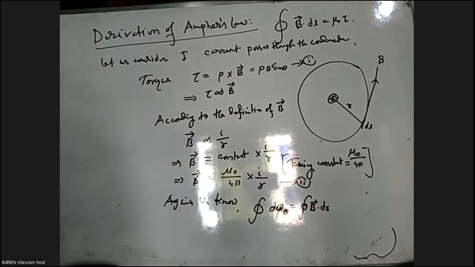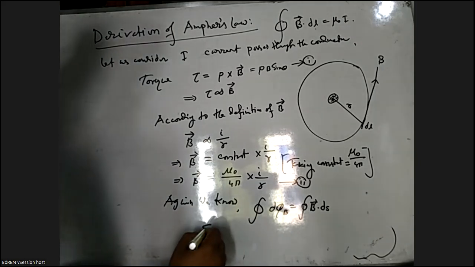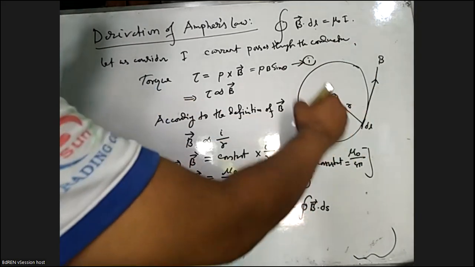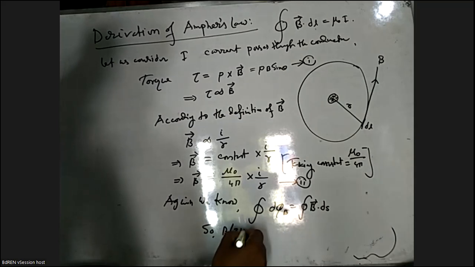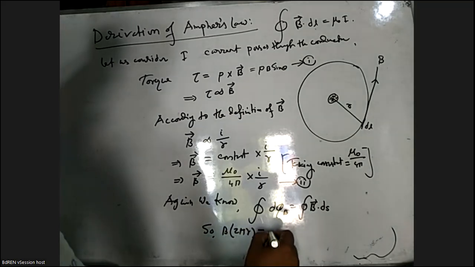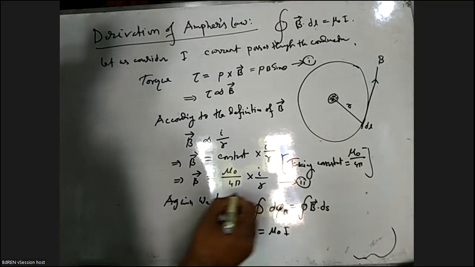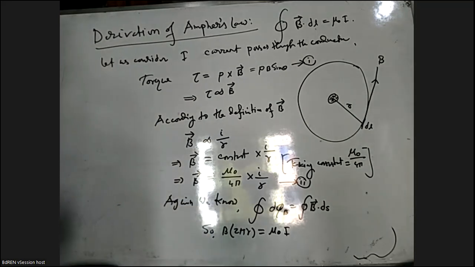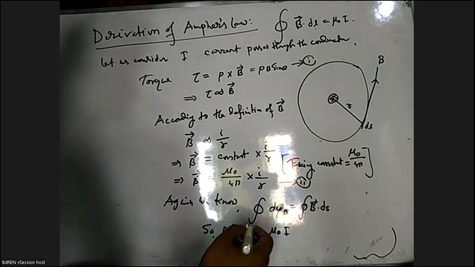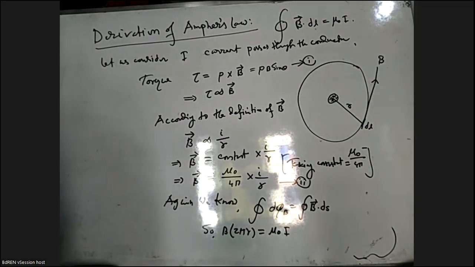The magnetic field around the whole length of the circumference 2 pi r can be written as mu naught I, from Gauss's law.